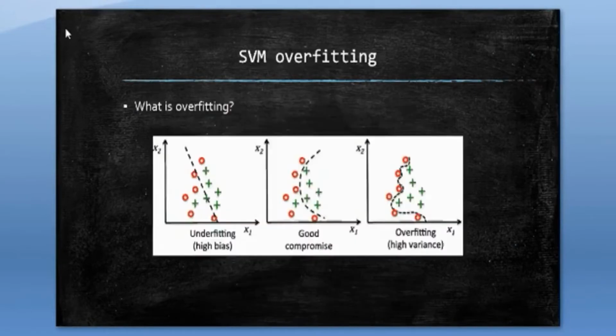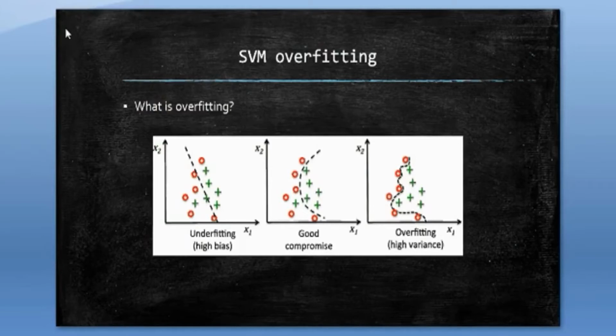Okay, so support vector machines overfitting. What is overfitting? Overfitting is a problem that appears when we train our model on the training set too much, so that it will perform well on the training set and give high accuracy.